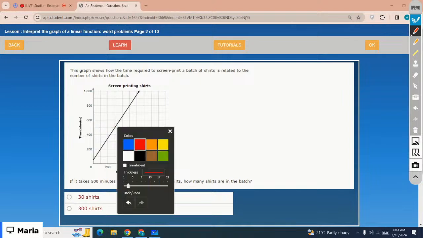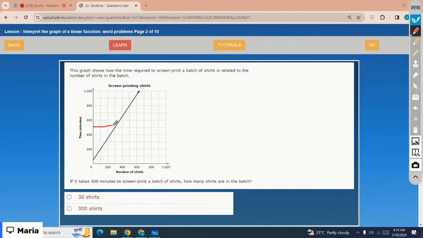So just match it to the graph and then on the x-axis. So that means if it takes 500 minutes to print a batch of shirts, there are 300 shirts in the batch, right? The correct option is 300 shirts.